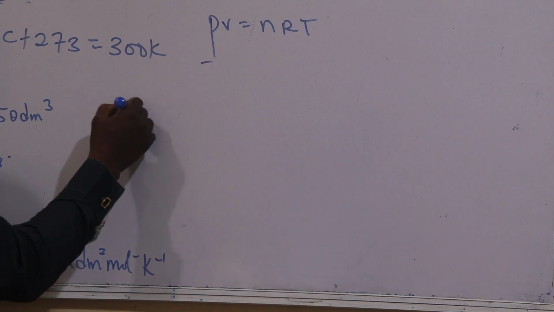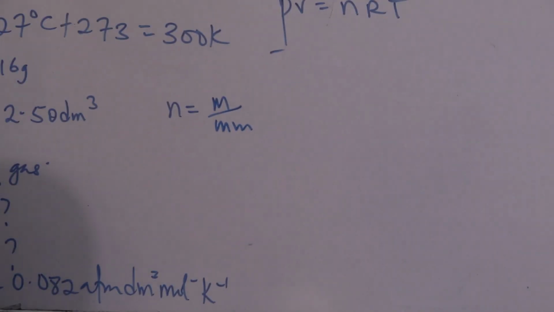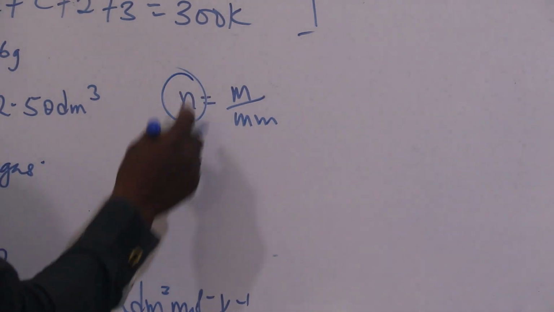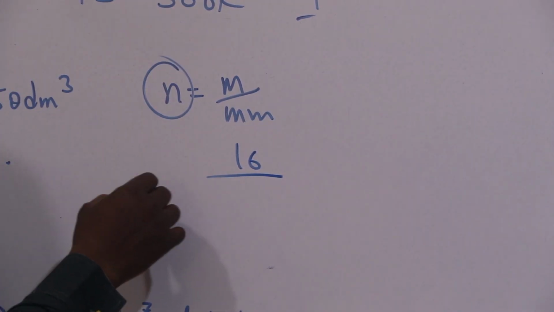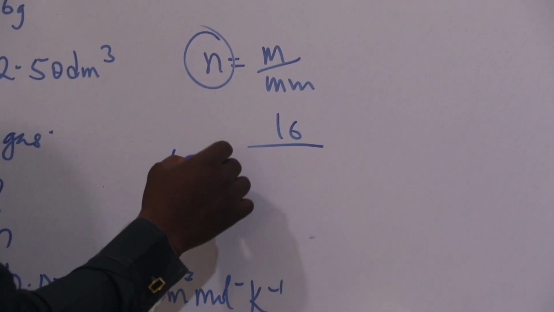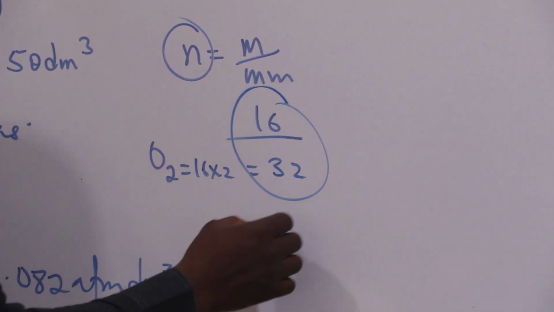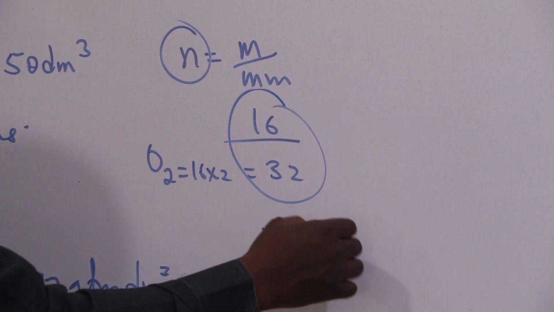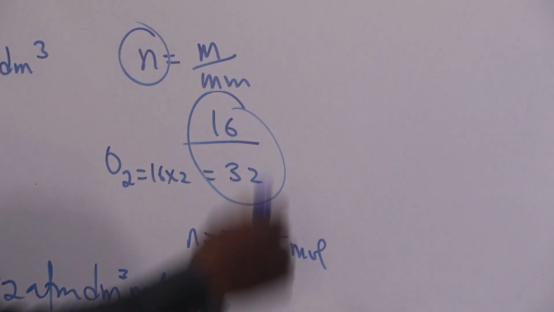Remember, as a chemistry student, you're supposed to know this one: n equals m over MM. Our m is 60, and our MM is oxygen gas, which is 16 times 2, giving us 32. So divide this, we are going to have 0.5 moles. That's our n.